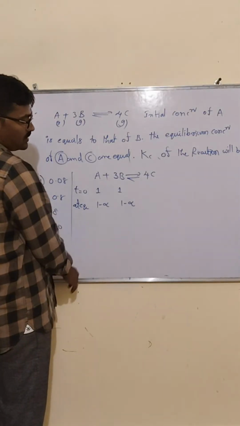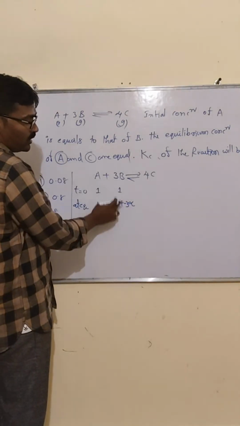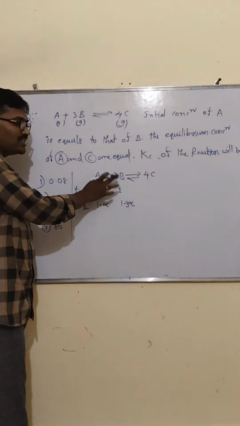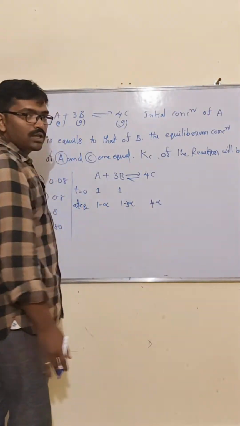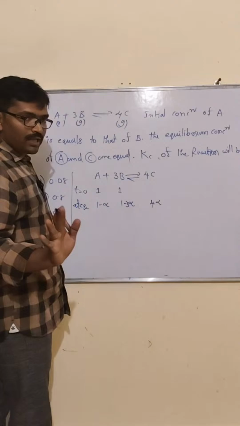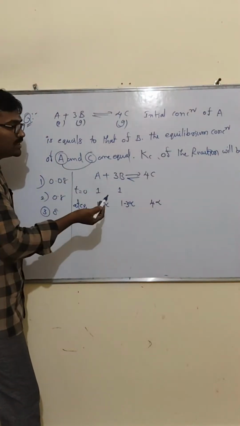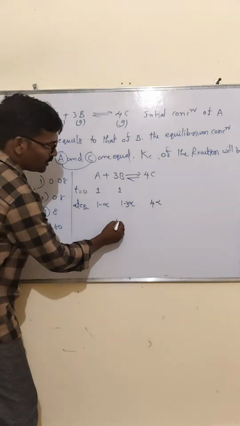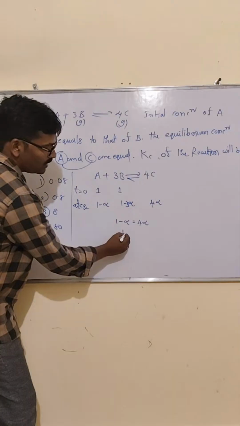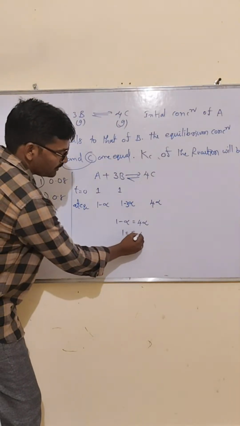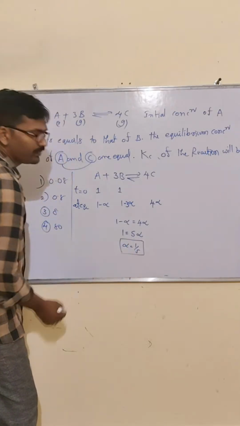Here B is 1 minus 3 alpha, because the stoichiometric coefficient is 3. Then C is 4 alpha, because the stoichiometric coefficient is 4. Clear, my dear students? Then they mention the equilibrium concentrations of A and C are equal. So 1 minus alpha equals 4 alpha. So 1 equals 5 alpha. Then alpha equals 1 divided by 5.